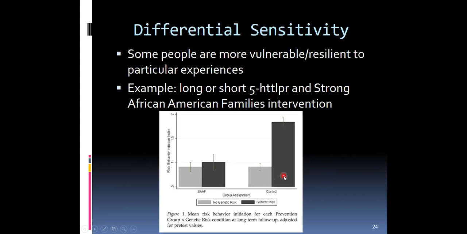Now, here's the control group, the group where they did not get that intervention. And you'll notice that the group of kids who had the riskier gene, the amount of risky behavior was much higher in that control group than kids who had less genetic risk. Over here are the kids and families that did receive the Strong African American Families Intervention.